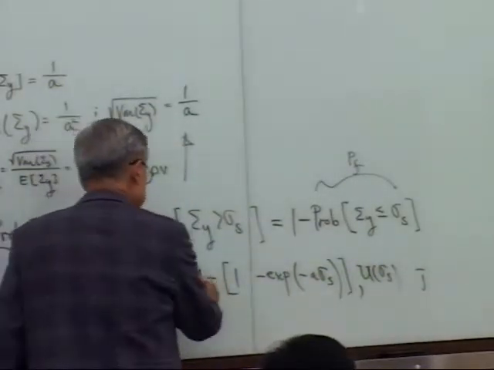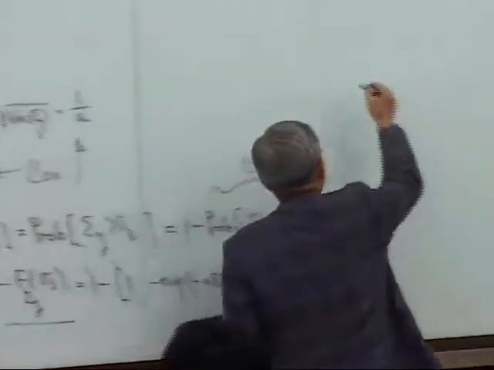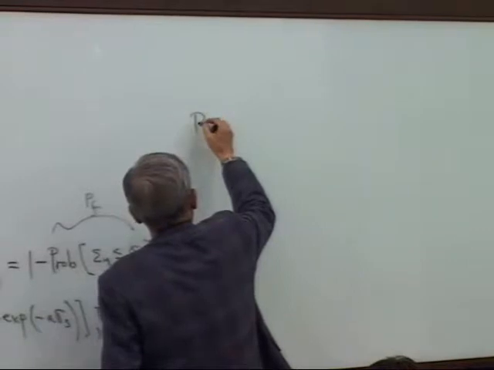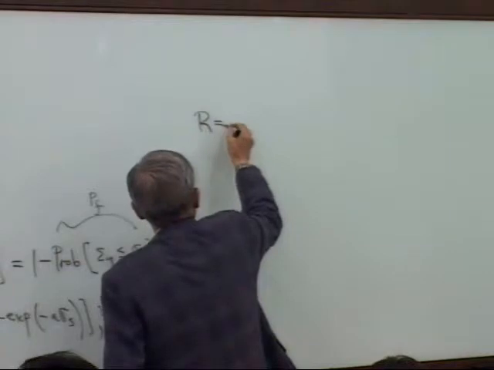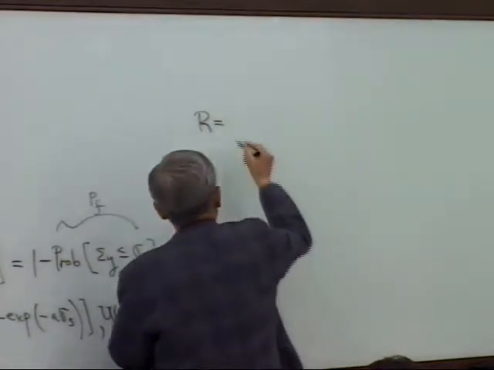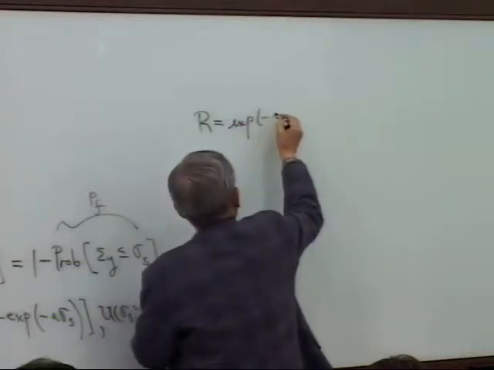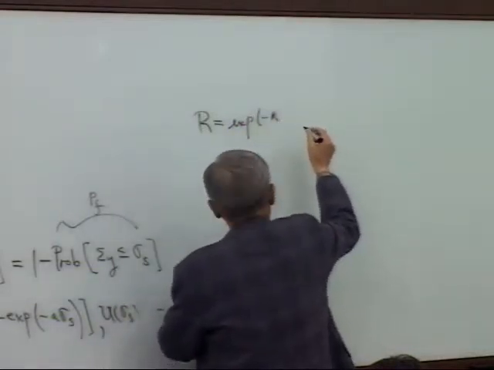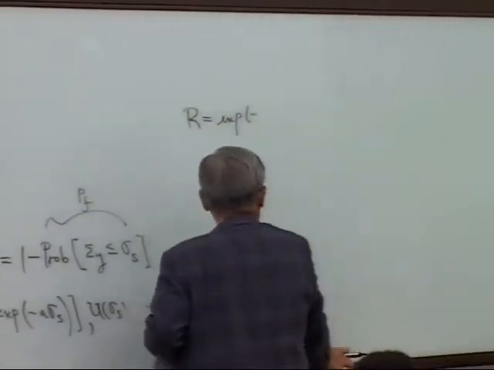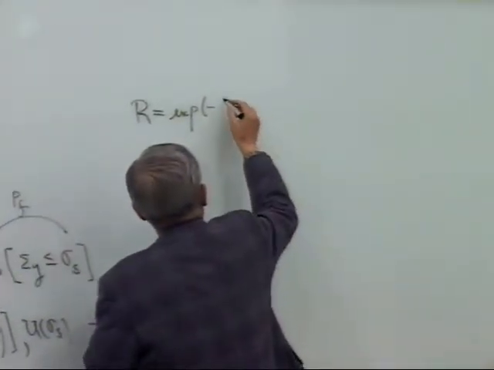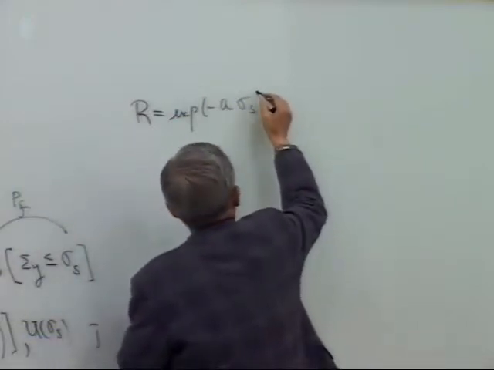By doing this, the 1 cancels, then this is R, right? R is equal to, finally, exp of minus a sigma s.